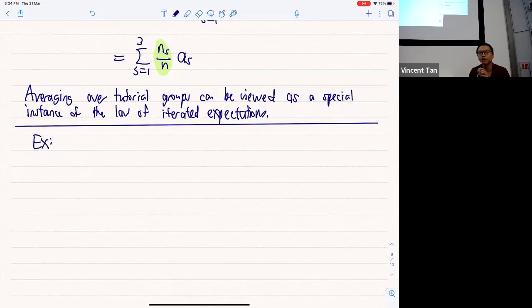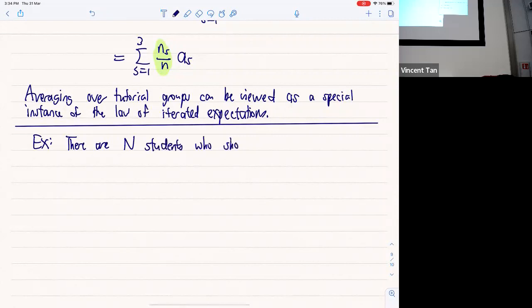You can copy or you can just listen. There are N students. Capital N means a random variable, who come to class each time. There are N students who show up to LT7 each time.